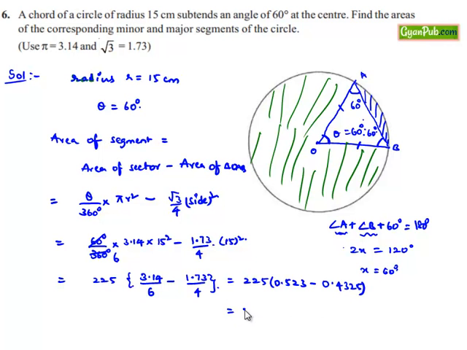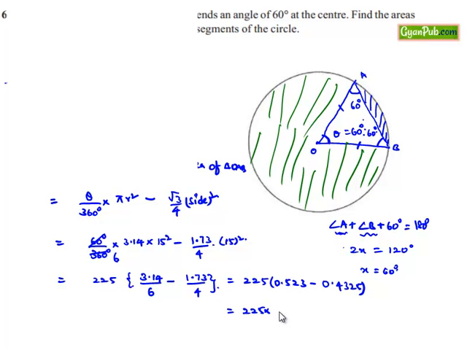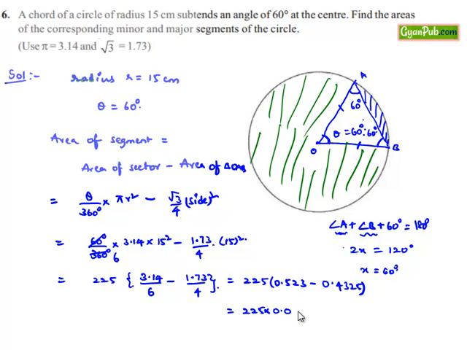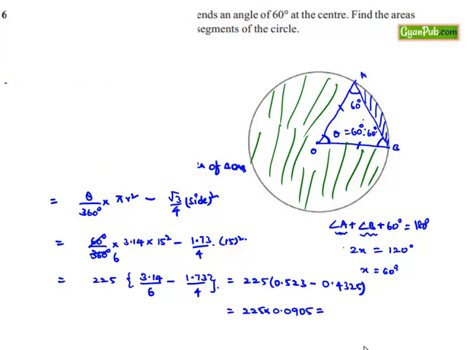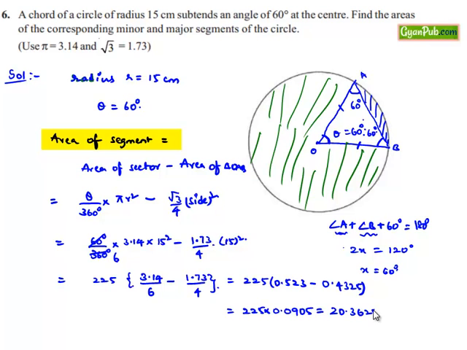That is equal to 225 times the difference in the bracket, which is 0.0905, and 225 times 0.0905 is 20.3625 centimeter square. Therefore the area of the minor segment here is 20.3625.